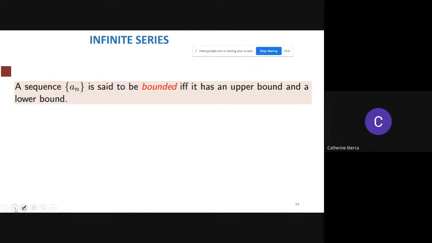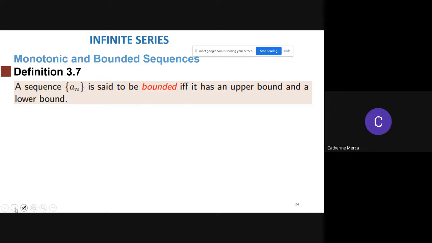A sequence is bounded if and only if it has an upper bound and a lower bound. So the definition says that the sequence is bounded if and only if it has both an upper bound and a lower bound.